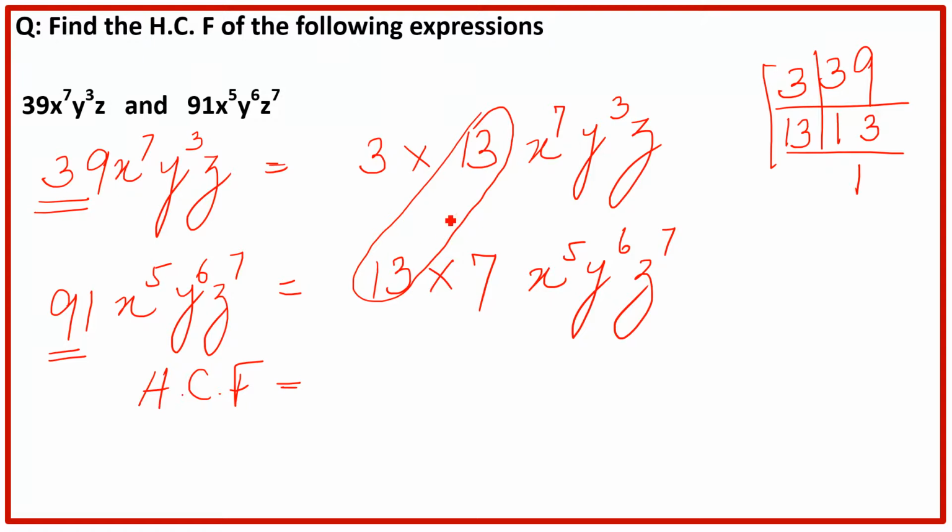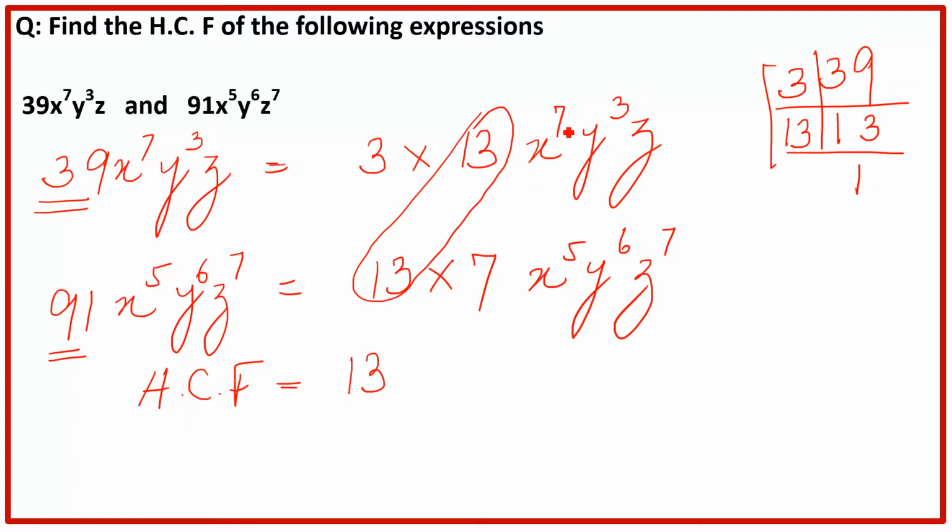Common means which is present in both. So highest is 13, common is also 13, so we will pick 13 because 3 is here, 3 is not here, 7 is here, 7 is not here. 13 is present in both 39 and 91, and this is the highest one. That is why it is called highest common factor.